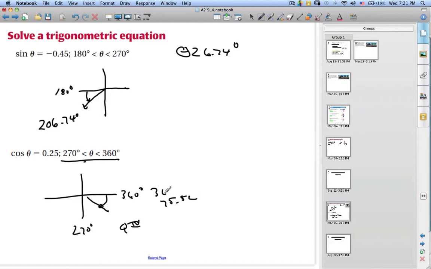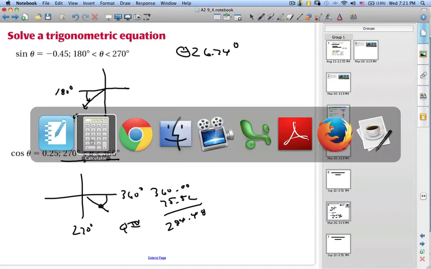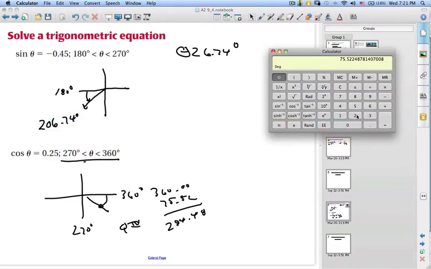So it will be 360 degrees minus that. 10 minus 5 is 4, and 35 minus 7 is 28. So 284.48. If I want to double check that, I take 284.48 and find cosine, and you'll see I get 0.25. Okay, so that checks out.